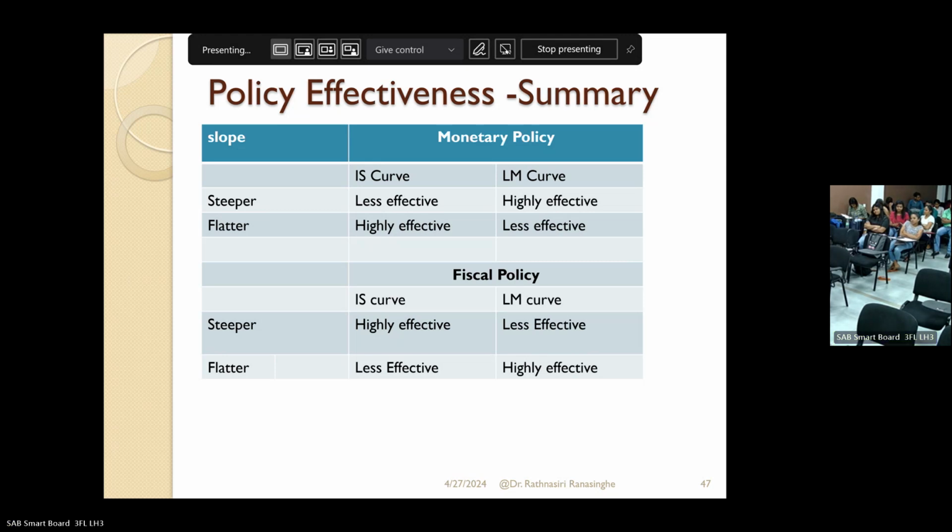Usually, if there is a high interest elasticity of investment, fiscal policies are more effective. Do you agree? Okay.